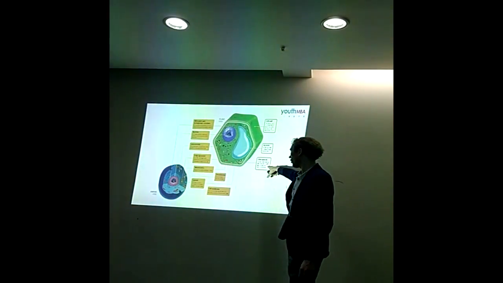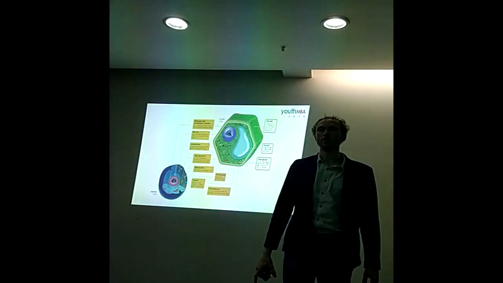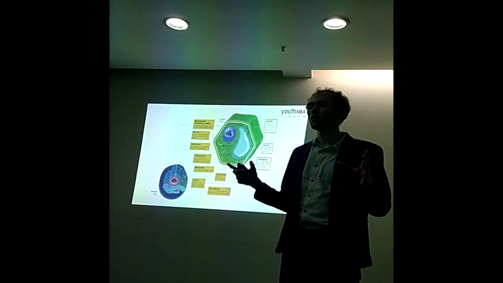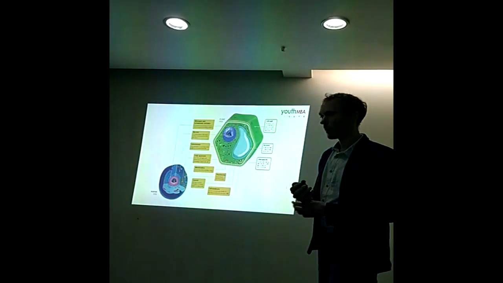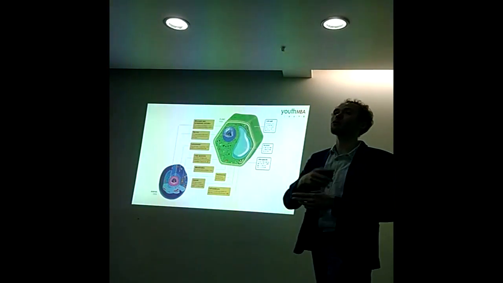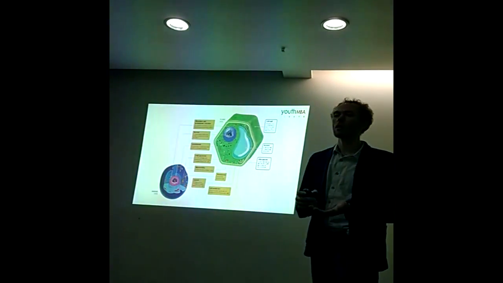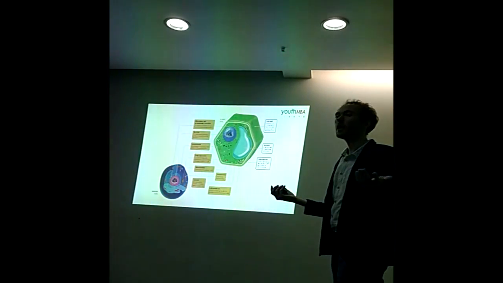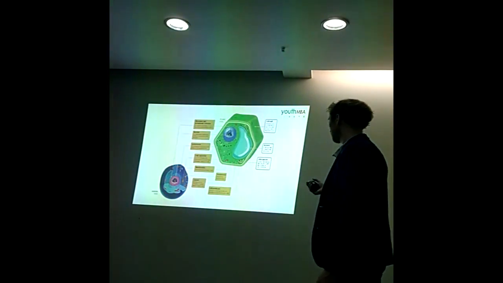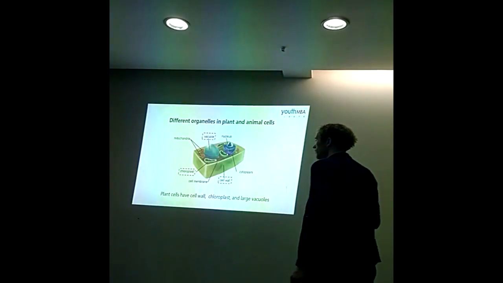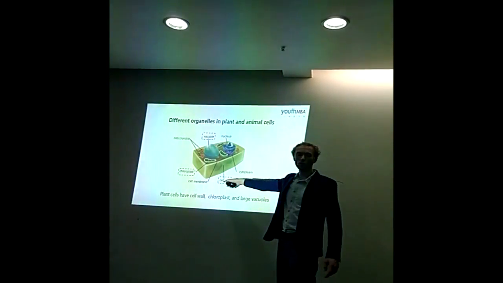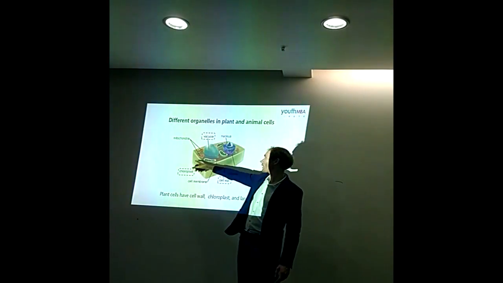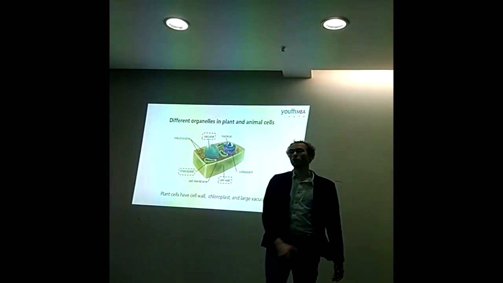And the third one is a chloroplast. Chloroplast makes food for itself and also gives a green color, and makes the plant able to survive. So here we have those three organelles. Cell wall, you remember? Yes, chloroplast and a vacuole. That's right.